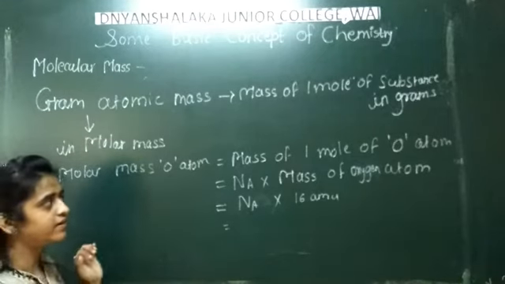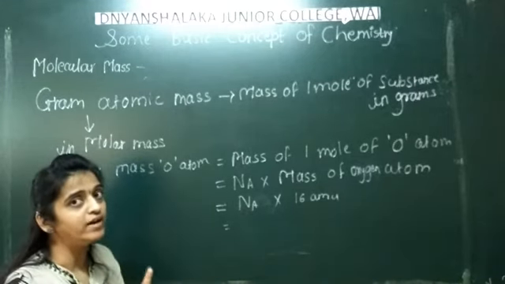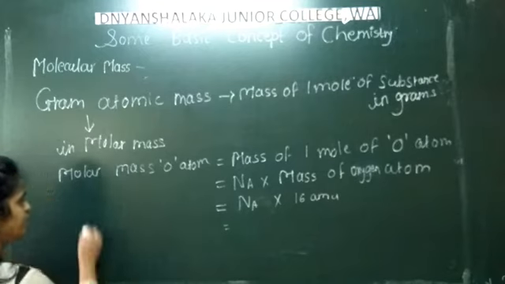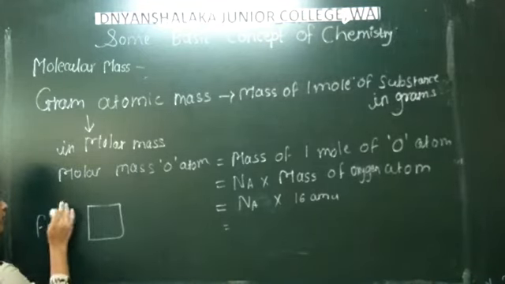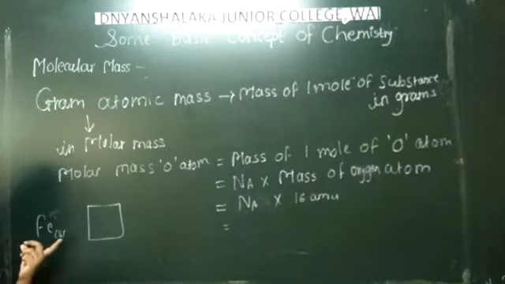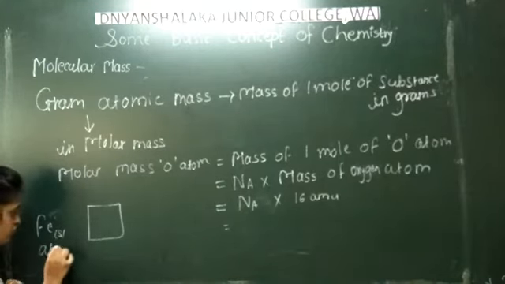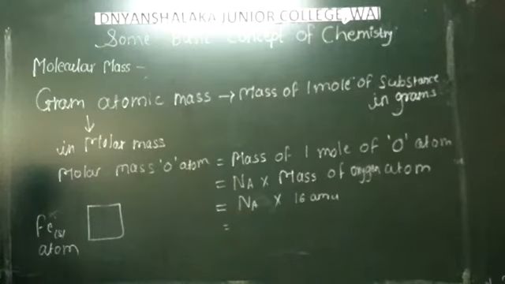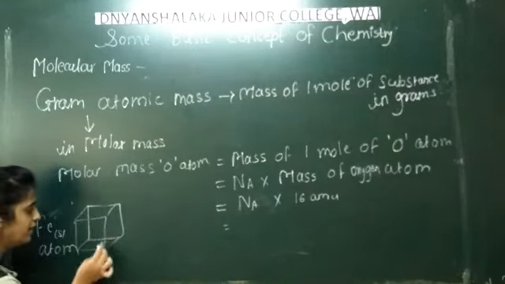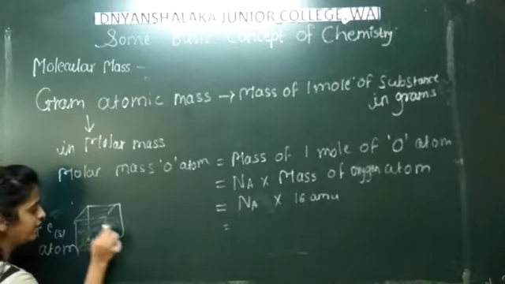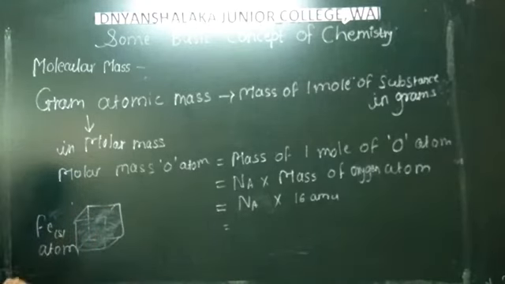In the last concept we studied the mass of only one atom of an element, for example one Fe atom in solid state. But in this box we have the total Fe content.